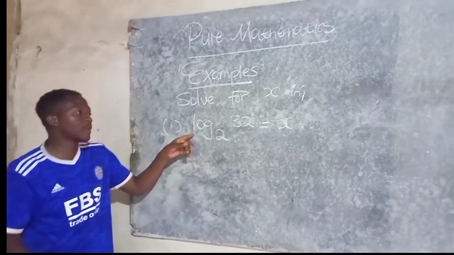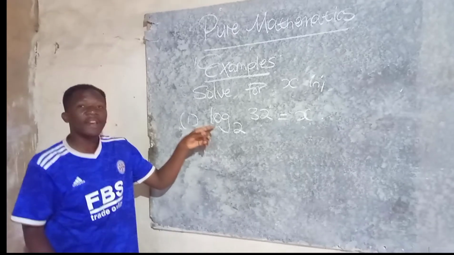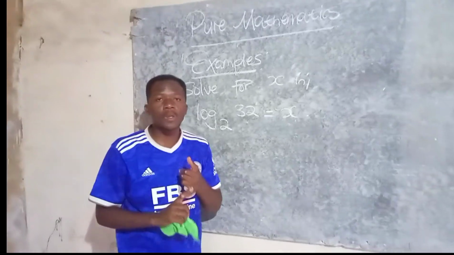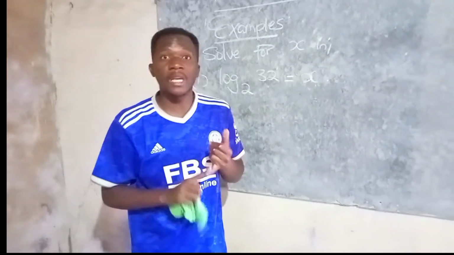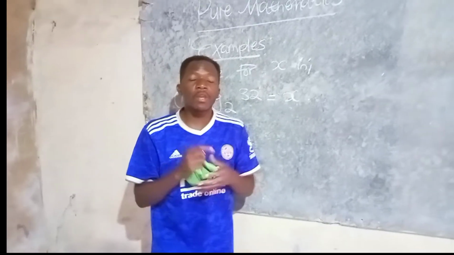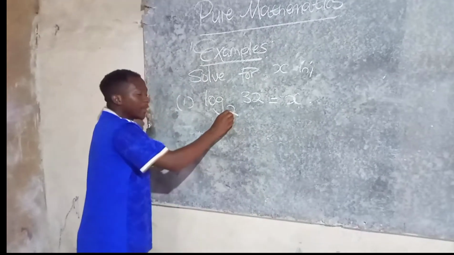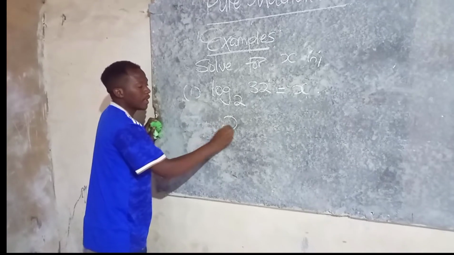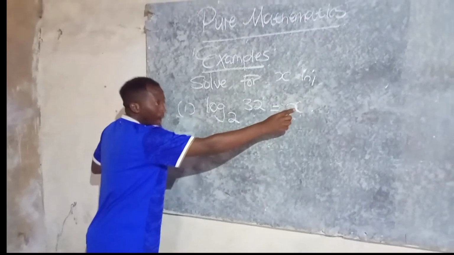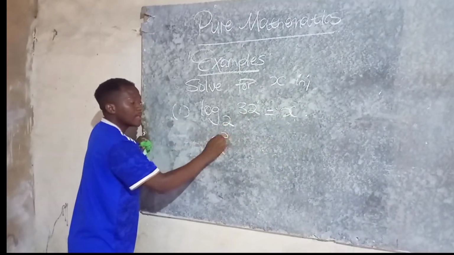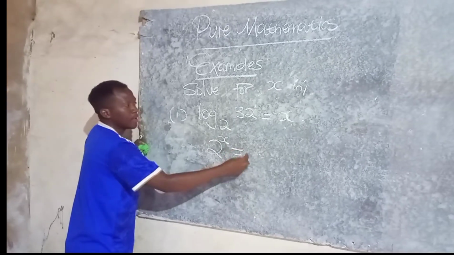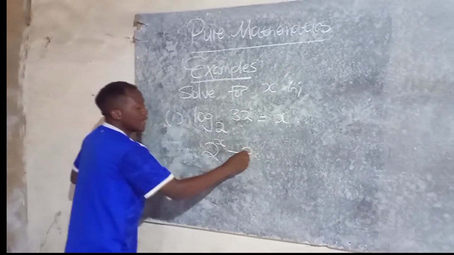If we are to solve this logarithmic function, the first thing we need to do is to express it in the form of an index notation. How can we go about that? This 2 is a base. So you're going to say 2, then this is the power x. So this is 2 to the power x is equal to 32.